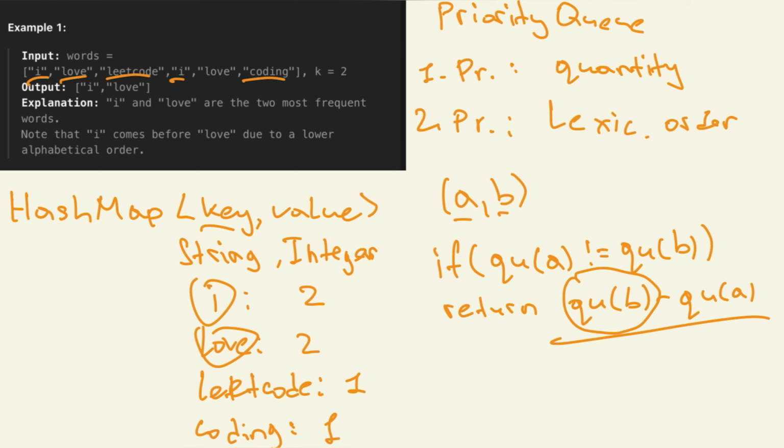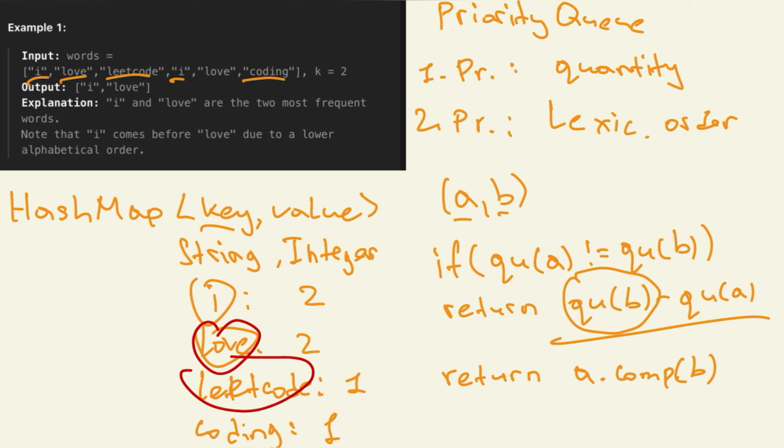So that's why we need to return quantity of B minus quantity of A, and if they are equal, we need to order them by their lexicographical order, and to do it we have to compare each string. A compareTo B. So first of all, it takes as an argument I and love, and after love and LeetCode, and after LeetCode and coding, and so on.